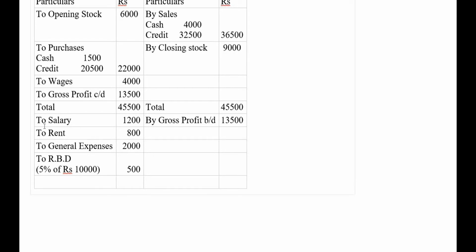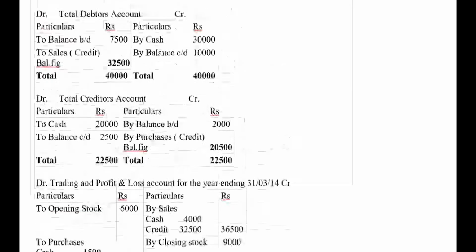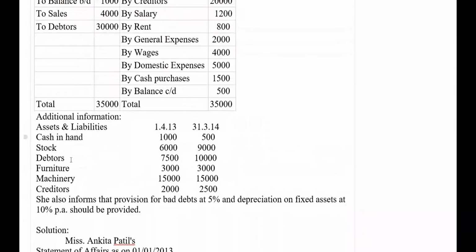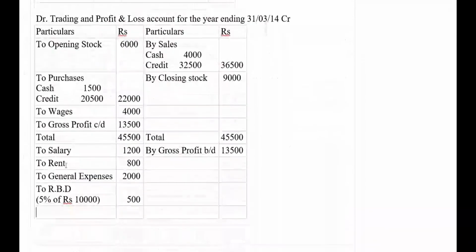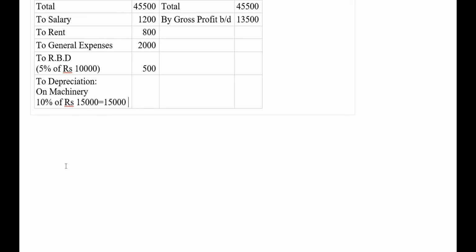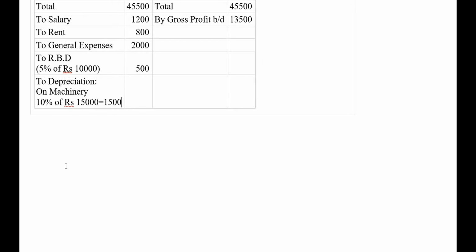Then we have got depreciation on fixed assets. So fixed assets are here in this problem. We have got both furniture and machinery. So now to depreciation on machinery. The rate of depreciation here is 10%. So 10% of rupees 15,000, which comes to 1,500.